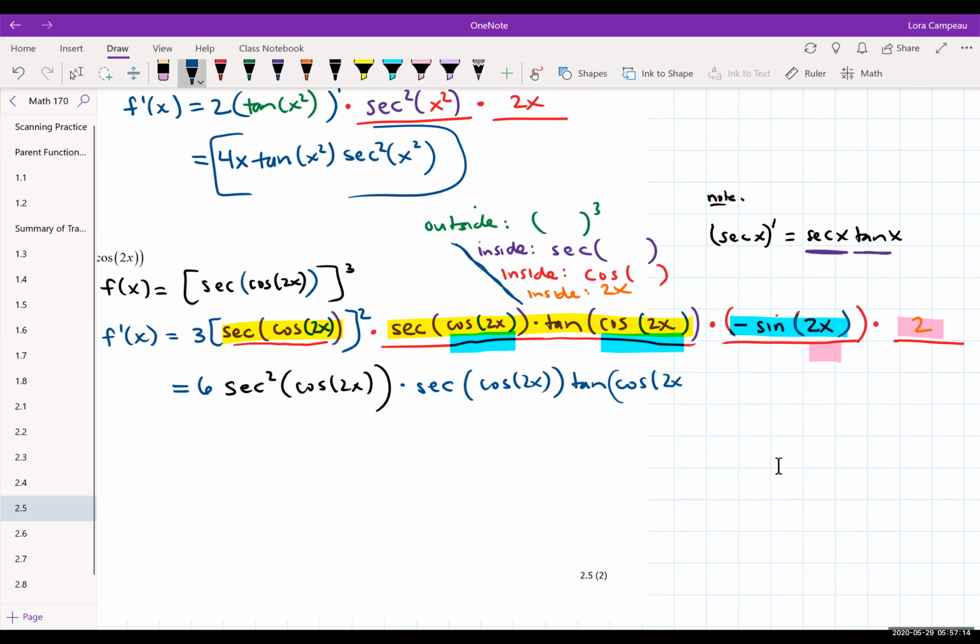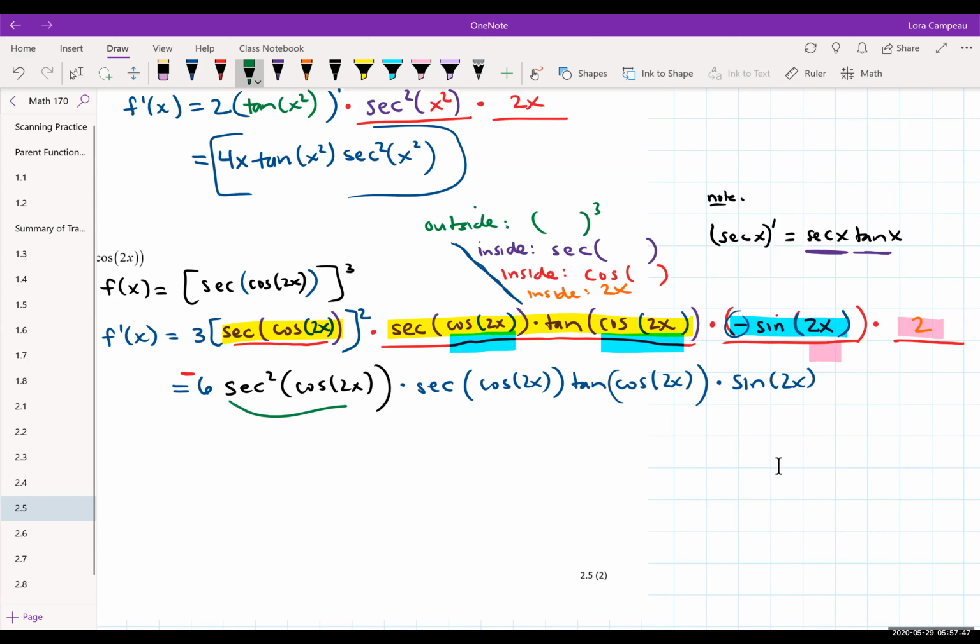I got to make sure I have all my parentheses involved. And while we're here, I can get rid of the negative part. I can put that out here, so we don't have an extra set of parentheses. Then what I'm seeing is a secant squared and another secant, and they both have the same argument.